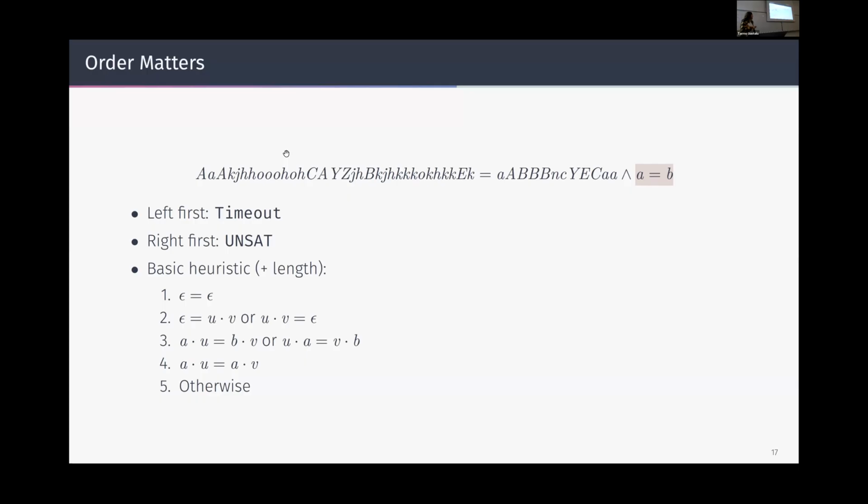Then equations such that the first two letters are different, then when the first two letters are equal, and then the rest by priority order. And when multiple equations have the same priority order, we just choose the shortest one first. And this was the basic heuristic of Dragonly.